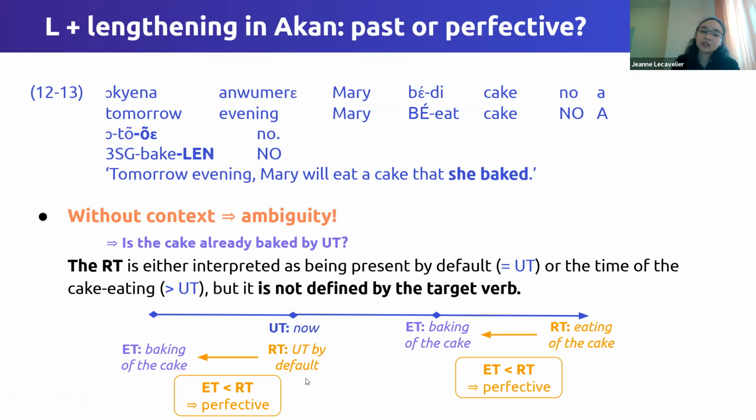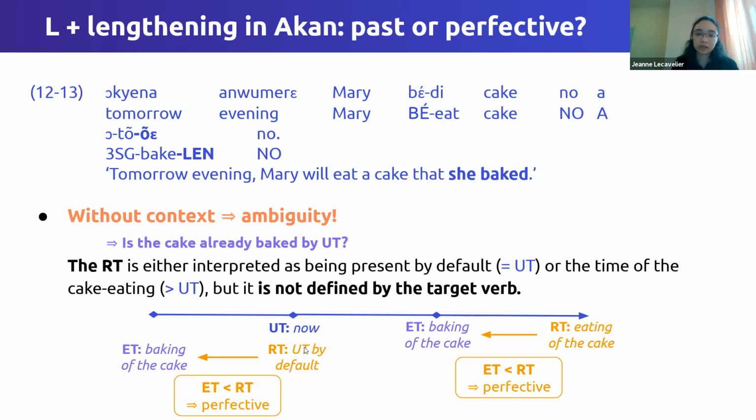Either you consider that the reference time is the return time by default as defined by the main clause, and then the baking of the cake is before the reference time. Or you can also consider that the reference time is coded through this local context time of the matrix clause, so that it's the same as the cake eating. And then the event time is just before the cake eating.